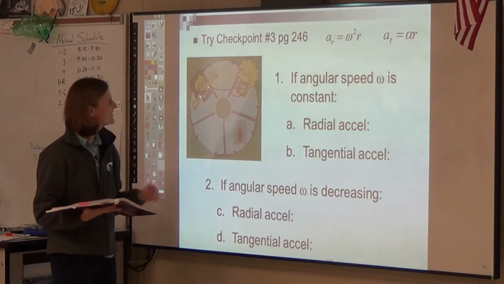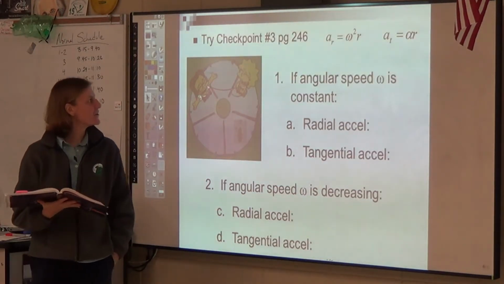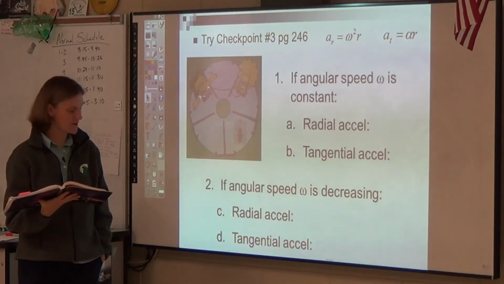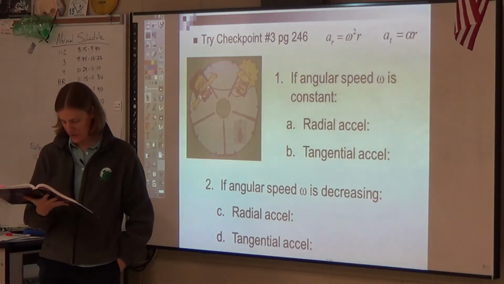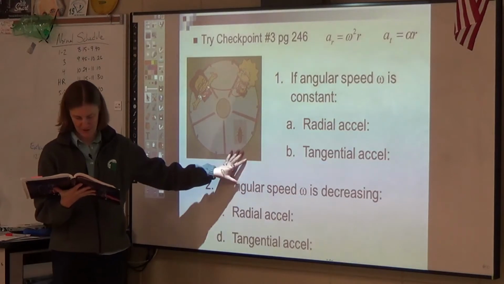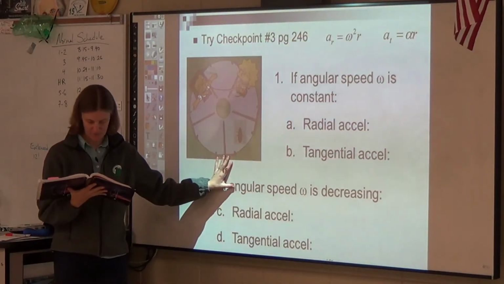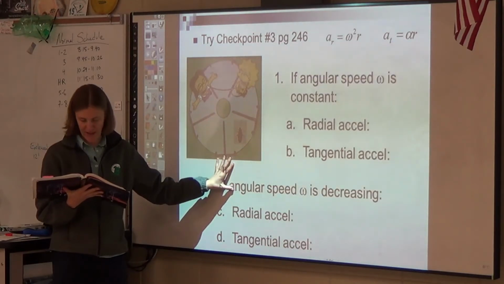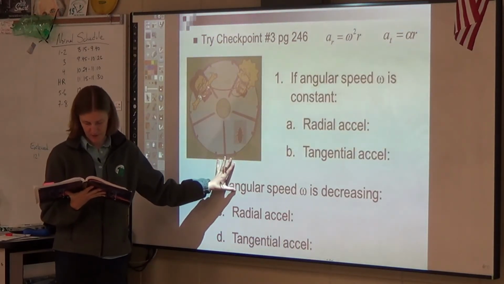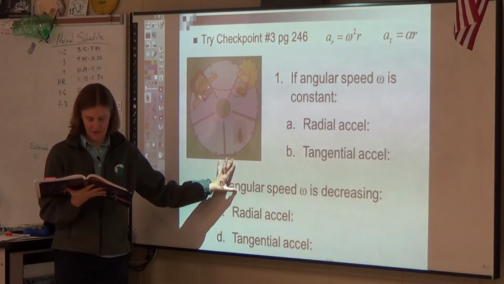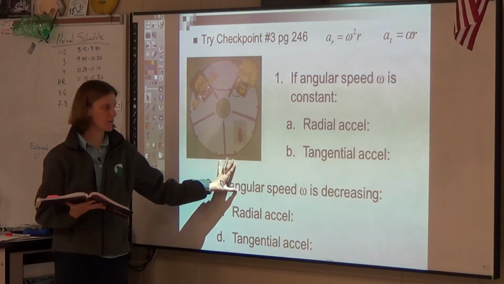So 246, checkpoint number 3, says a cockroach rides the rim of a rotating merry-go-round, along with Lisa Simpson. If the angular speed of this system, the merry-go-round and the cockroach, is constant, does the cockroach have radial acceleration?